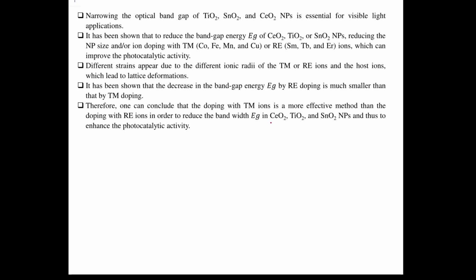Once the electrons are released, the holes are created and they come back and the recombination starts. So here, the impurities, whether they are transition metals, non-metals, or rare earths, stop this recombination. After stopping this recombination, the generated excitons migrate to the catalyst surface where they accelerate the redox reactions.